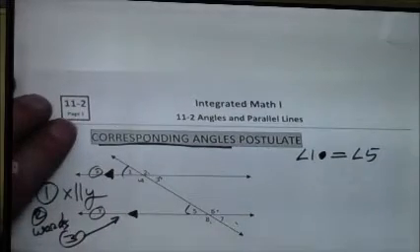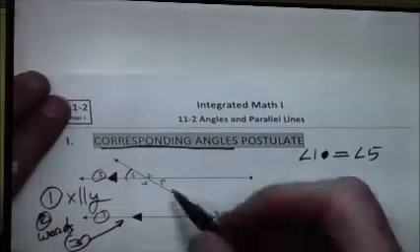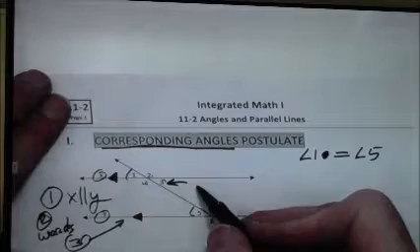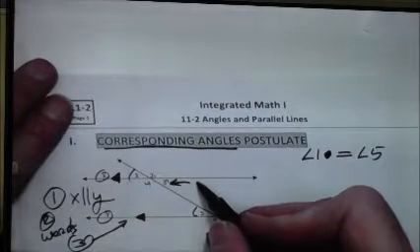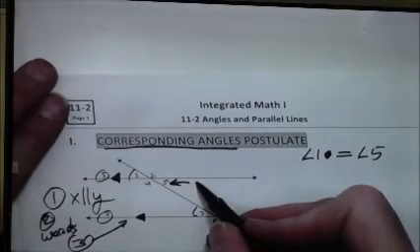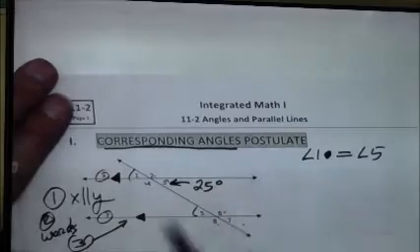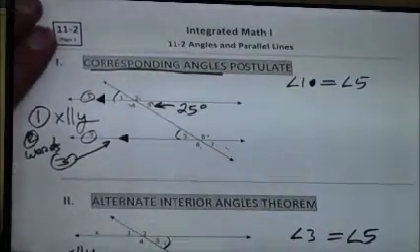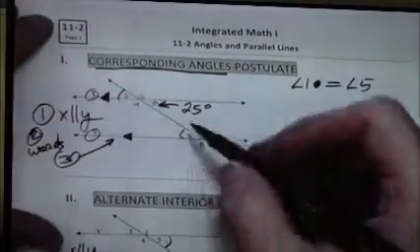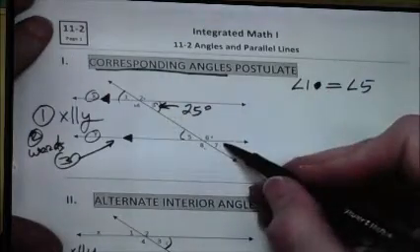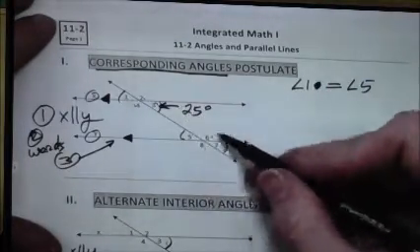So if I tell you here that angle 3 is, call it, 25 degrees. Then down here, angle 7 is its corresponding one.